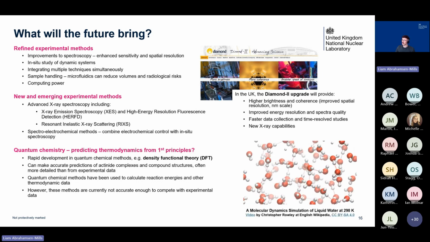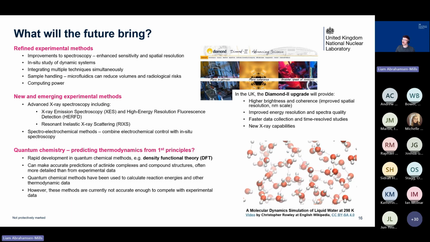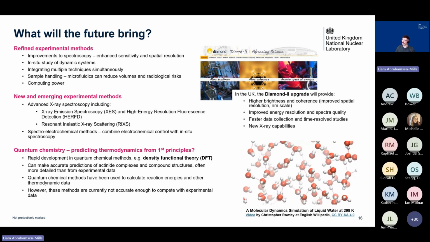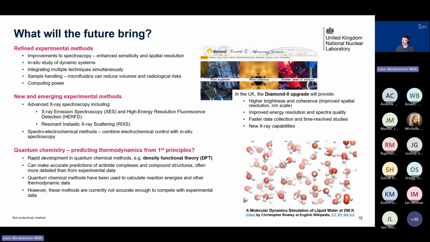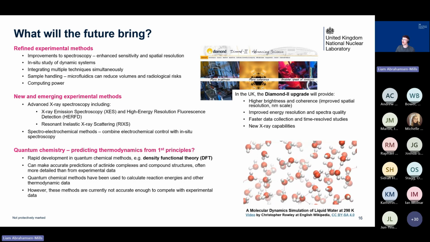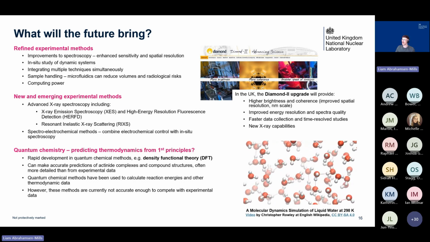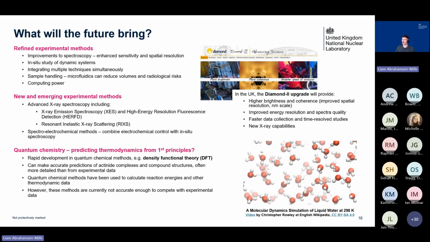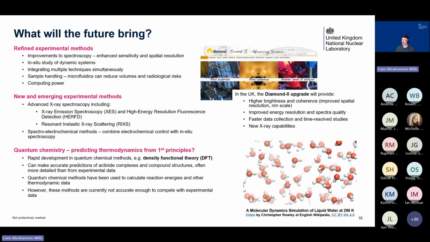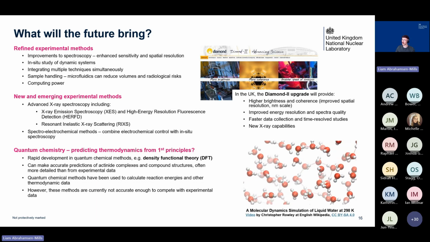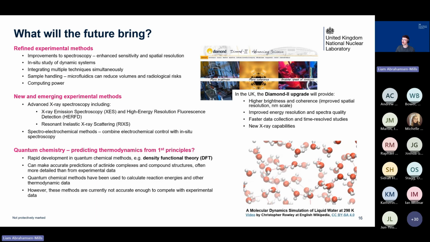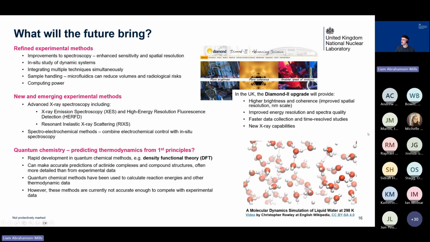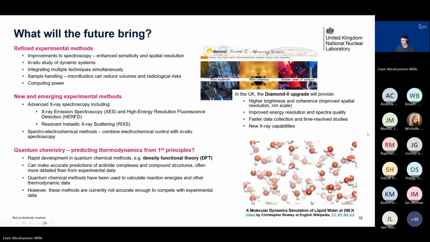A real hurdle and limitation is that a lot of these reactions are driven by the entropy of water molecules that are involved as a solvent, and the simulation of many water molecules interacting with one another is very computationally difficult. So at the moment, that is a real hurdle to these techniques in predicting the data from scratch.